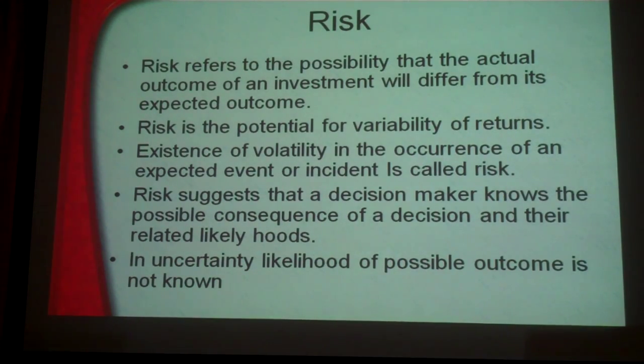Okay. Now you read that statement. Risk suggests that a decision maker knows the possible consequences of a decision. What are the possible consequences? There can be a boom, there can be a neutral, there can be a recession. These are the possible consequences and their related likelihoods. Likelihoods means what? Possibilities.